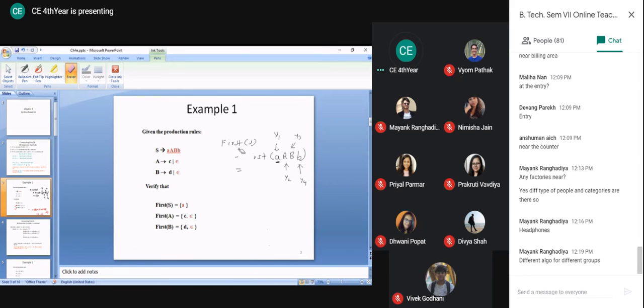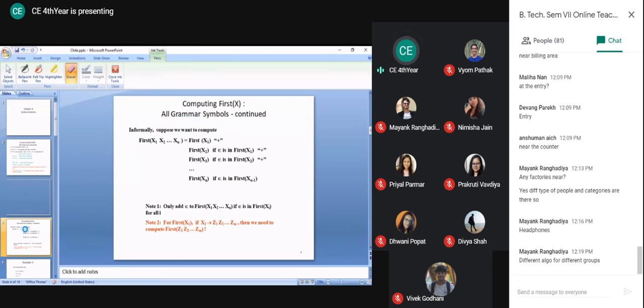So now let us see more interesting examples on this, because this is a very complex concept. As you see more interesting examples, you will find that it is not very easy as it seems. So now informally, suppose we want to compute first of x1, x2, xn, then what we'll do, we'll write first of x1 plus first of x2 if null is a part of first of x1.